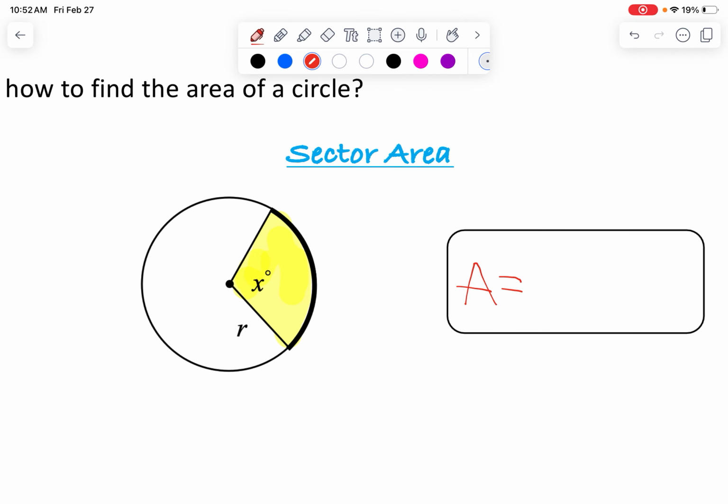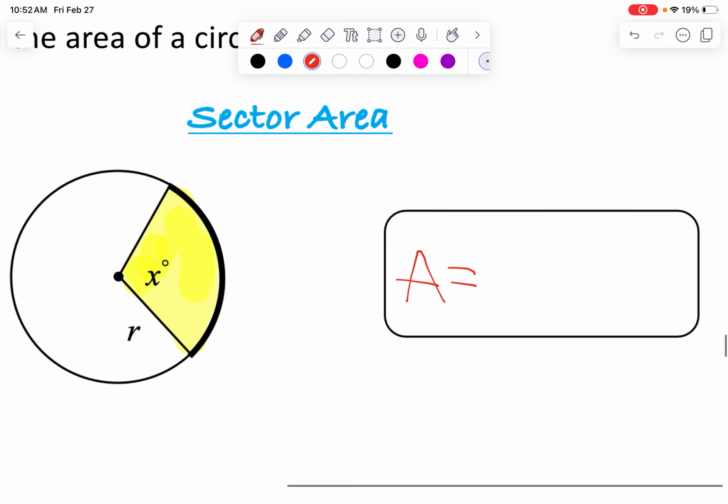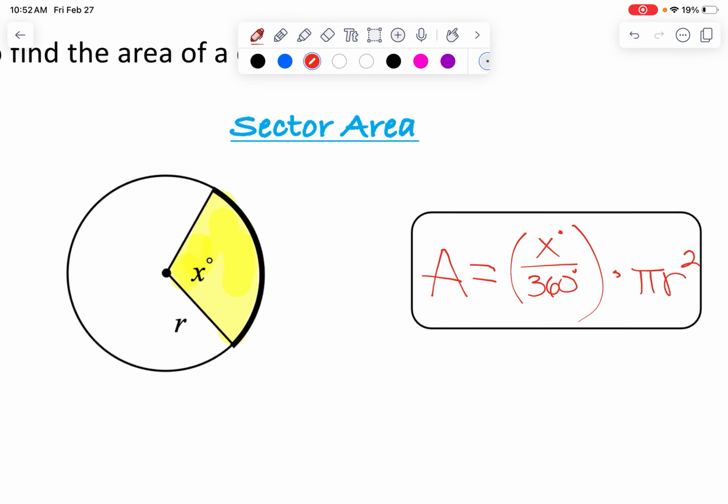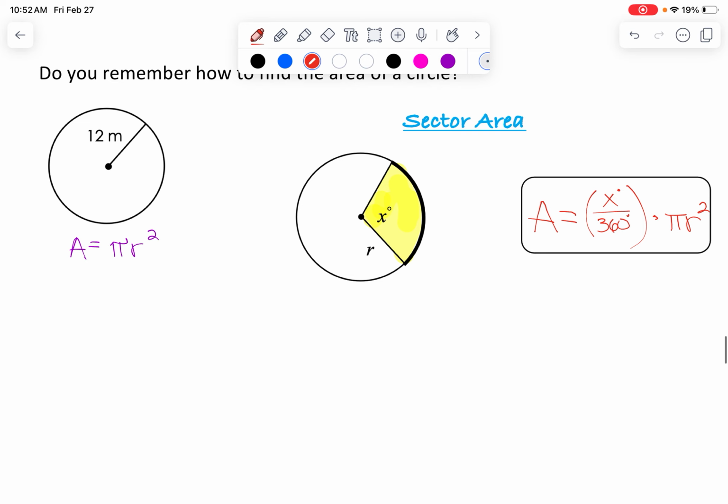It's just a fraction of the whole area. So your fraction is going to be x over 360 degrees, both in degrees, times pi r squared. So that's how you find that. That's really all you have to do, and then you just go from there.